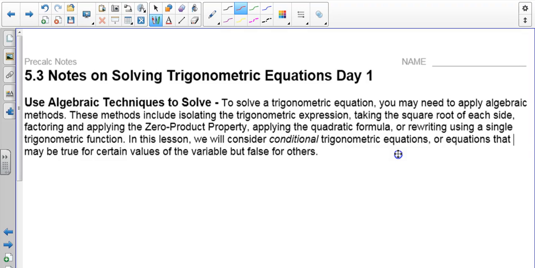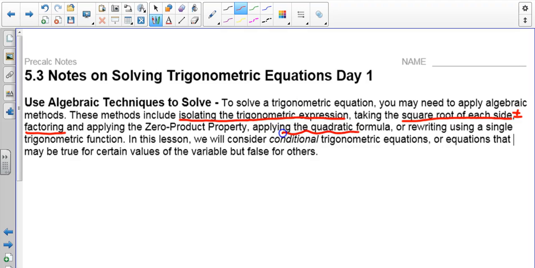All right. So at the top of your notes, it does suggest that you may need to isolate a trig function. You may need to take the square root of each side. And when you do that, remember your plus or minus. You may need to factor and apply the zero product property. That just means when you factor and two things multiply to make 0, you set each one equal to 0, that whole thing, okay?